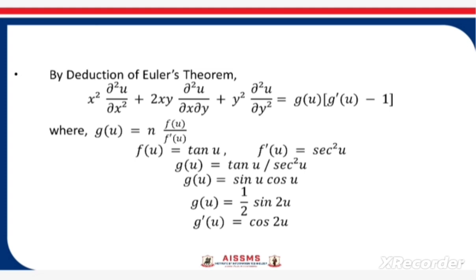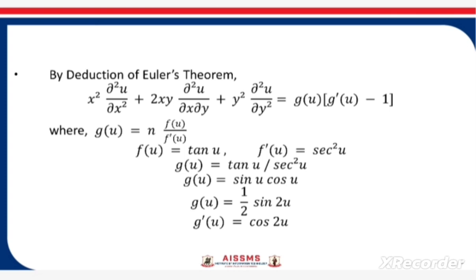We use trigonometric formulas. We know that tan u is sine u upon cos u, and sec square u is 1 upon cos square u. Simplifying these terms, we get g of u equals sine u into cos u. Then we multiply and divide by 2, so we get 1 by 2 into 2 sine u cos u, and we apply the double angle formula.